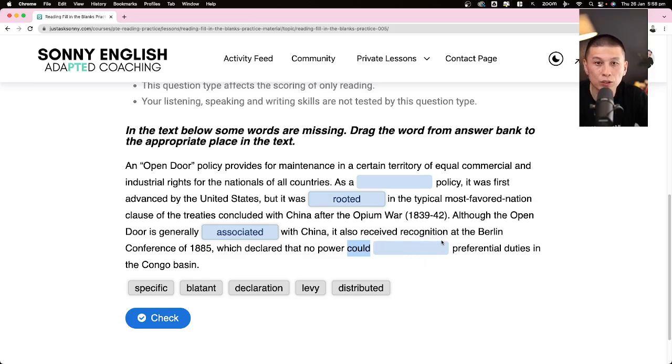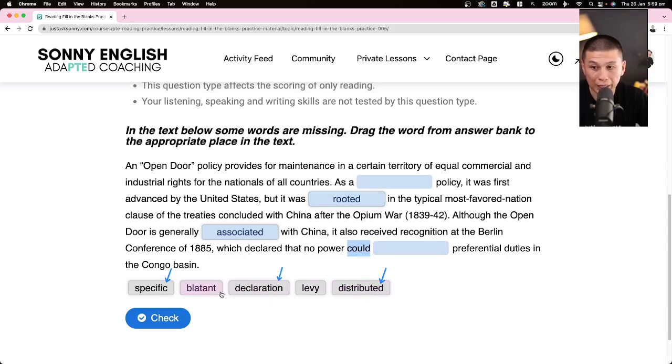So, how many words here do we have that are base verbs? I actually gave you that earlier in the very beginning. Because specific, you should know this is an adjective. Okay? Declaration, you should know that this is a noun. And then ed right here, you should know that this is a verb. We're looking for a base verb, so we can't have the ed.